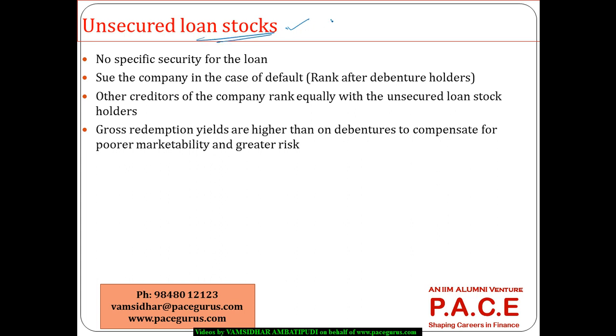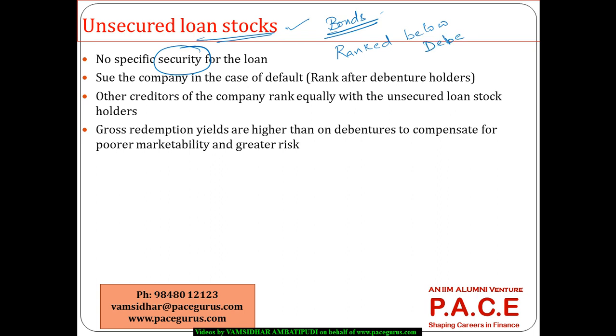Again, when we use the word loan stocks, it's nothing but bonds. Unsecured bonds, which means no security. So they are always ranked below the secured bonds. So we can call them ranked below the debentures.